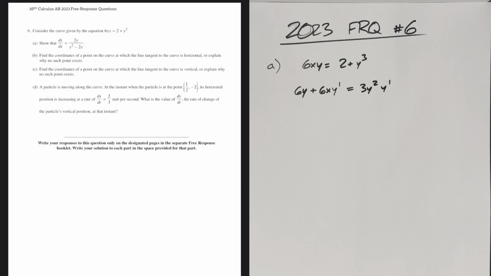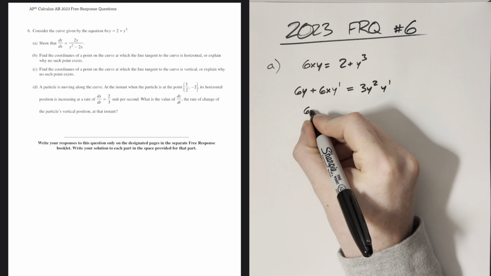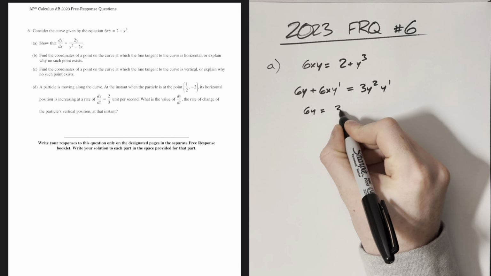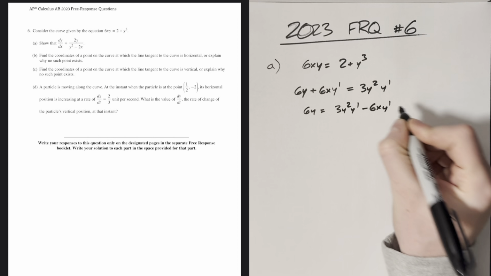So now I just need to isolate y prime. So I'll subtract over the 6x, get 6y equals 3y squared y prime minus 6x y prime.